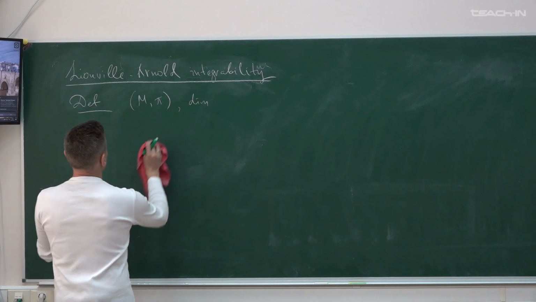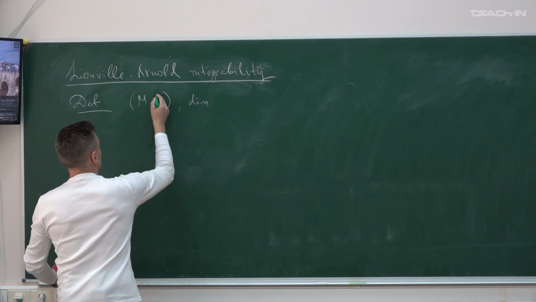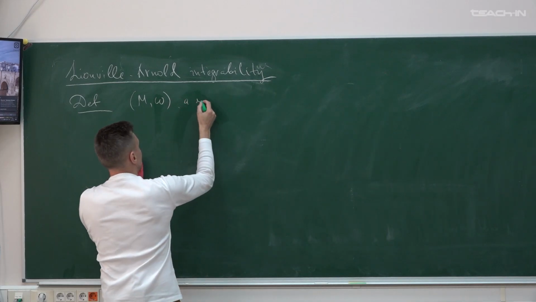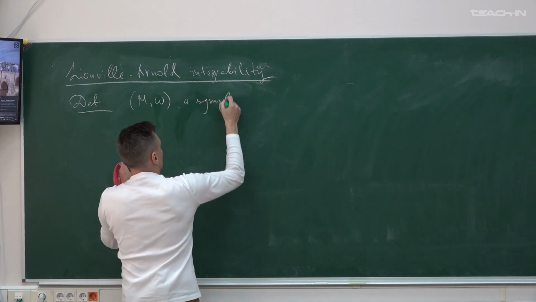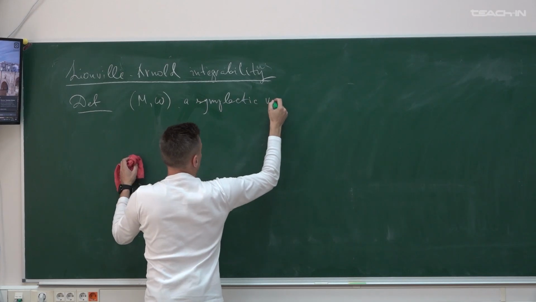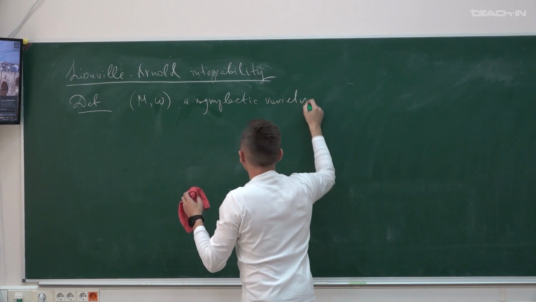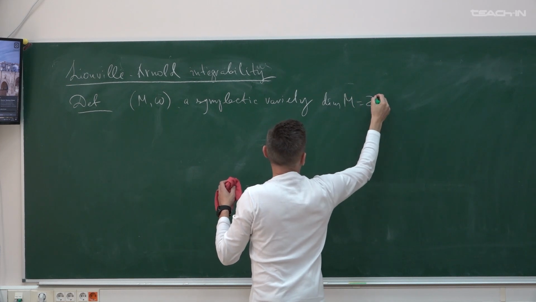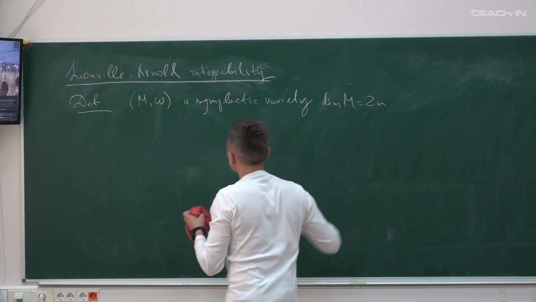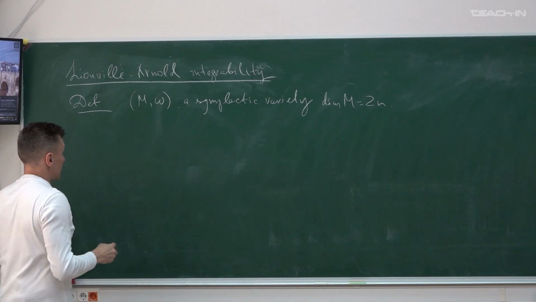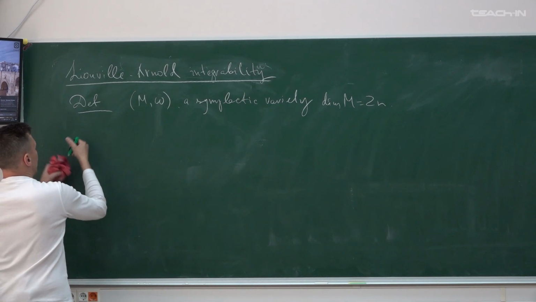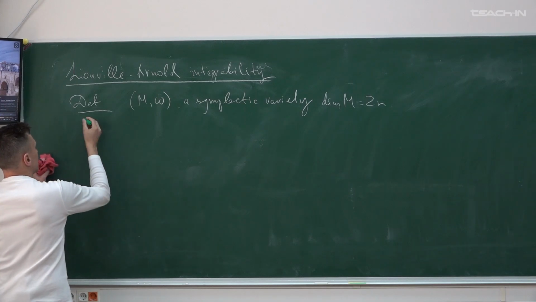We will speak about symplectic varieties now. Symplectic variety, variety of dimension 2n. And we say a Hamiltonian system.